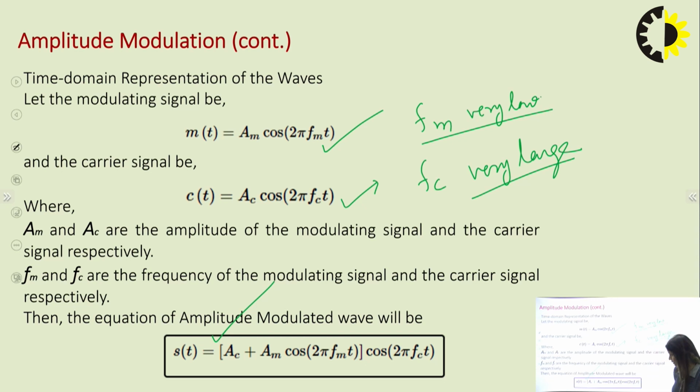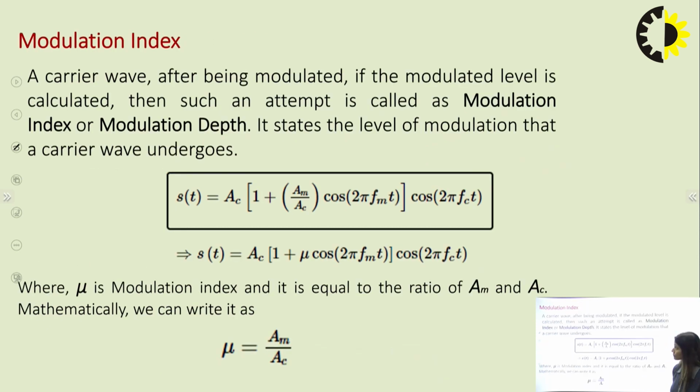It is the carrier amplitude plus the message signal, multiplied with the carrier wave: (AC + AM cos 2π fm t) cos 2π fc t. Now take AC common and you are left with AC (1 + AM/AC cos 2π fm t) cos 2π fc t.